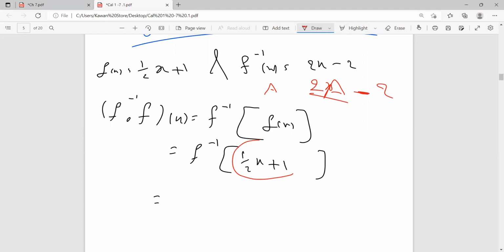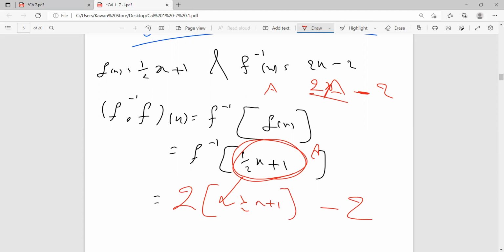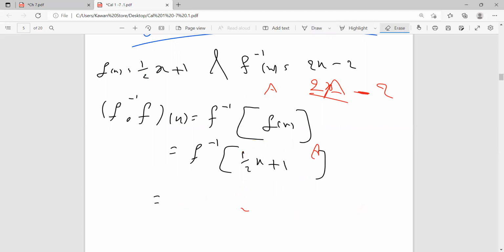So here's my A: I multiply it by 2, minus 2, so 2 times 1 over 2x plus 1. Any question? Do you want me to repeat? Till here, I think it's easy.